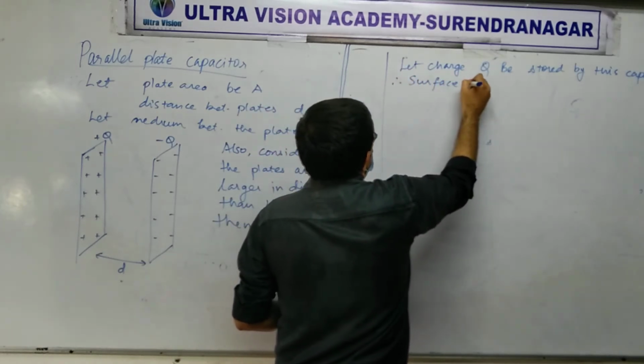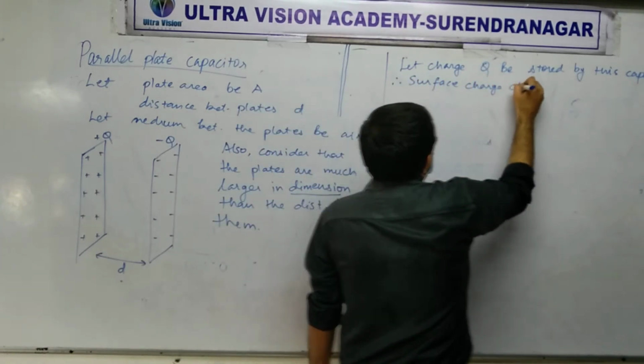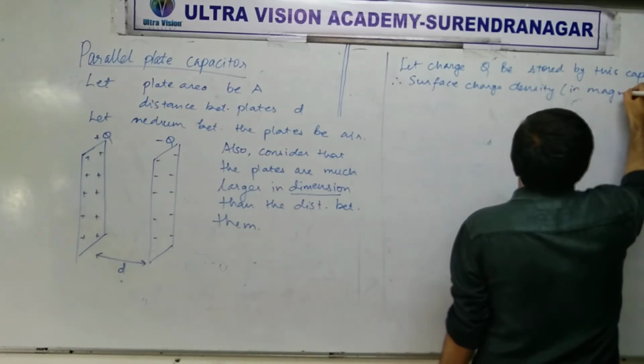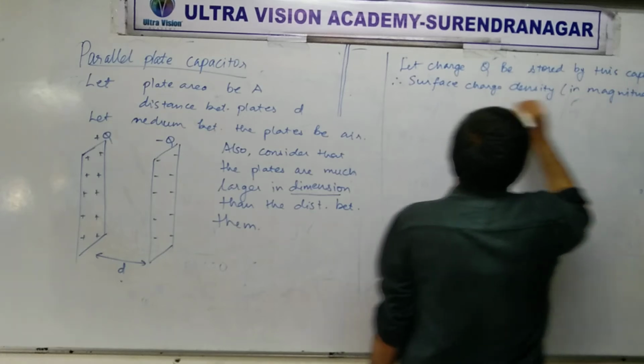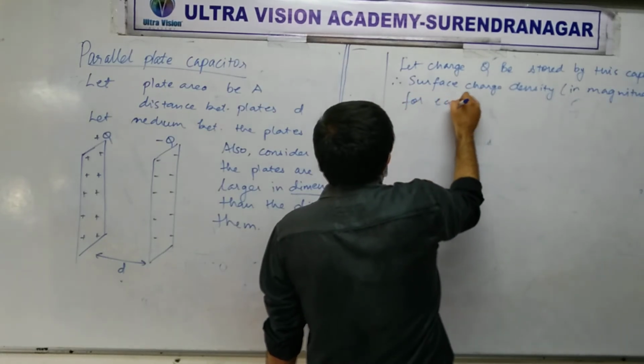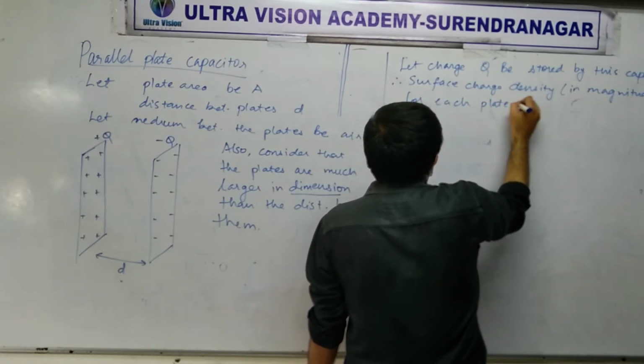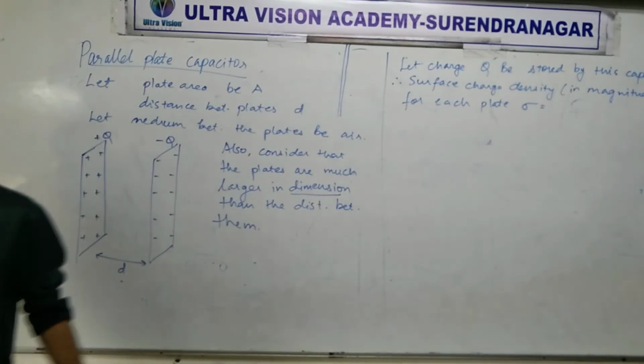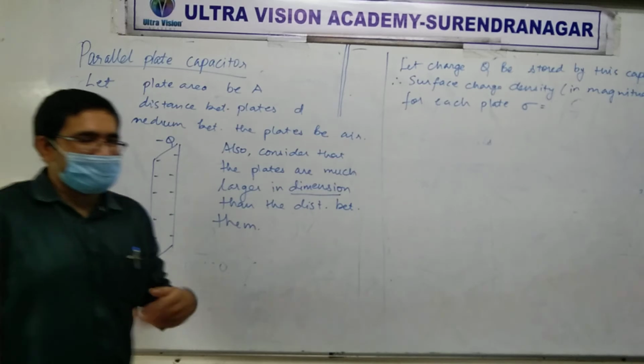Therefore, the surface charge density in magnitude for each plate. How do you find surface charge density? Charge upon area.